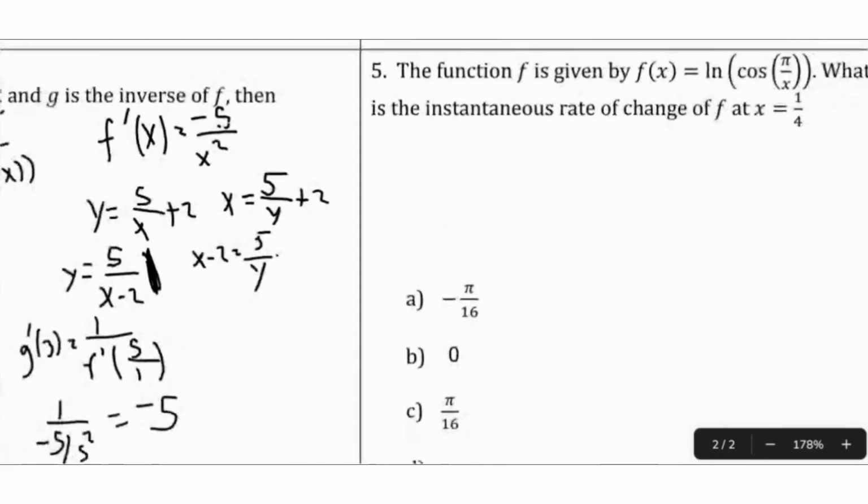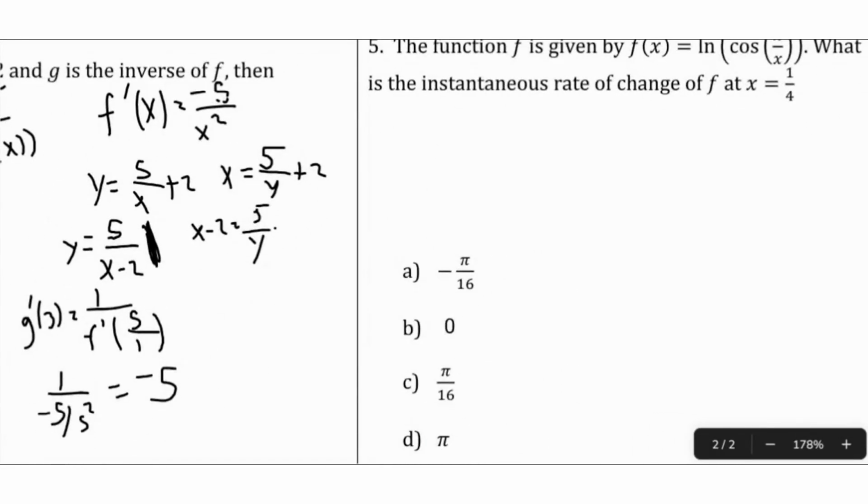So number 5 here, we have if the function f is given by f of x equals natural log of cosine pi over x, what is the instantaneous rate of change of f at x equals 1 over 4? So again, we can say dy dx equals, we do chain rule again here. The derivative of this outside function is 1 over cosine pi over x here.